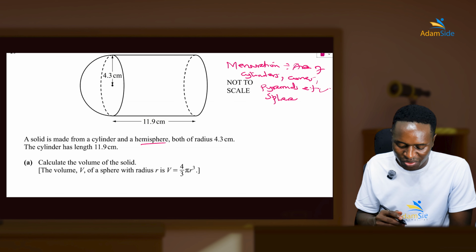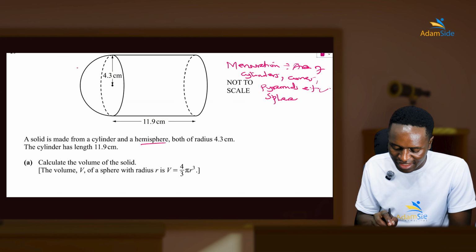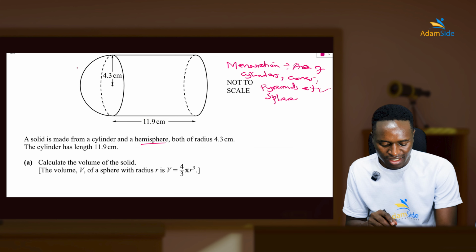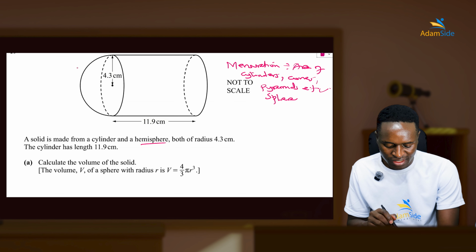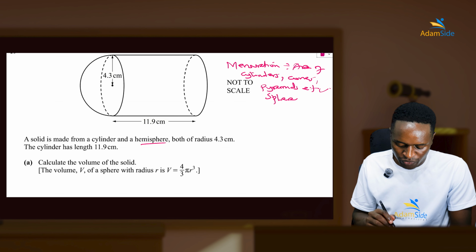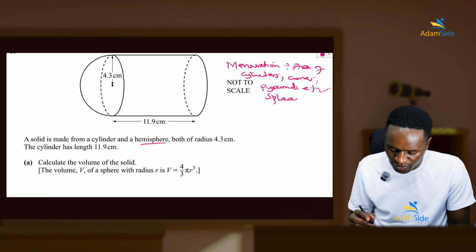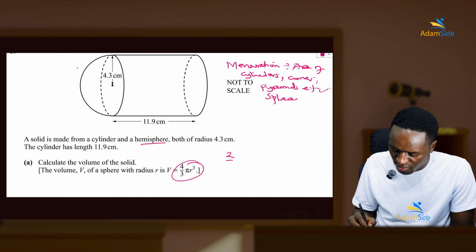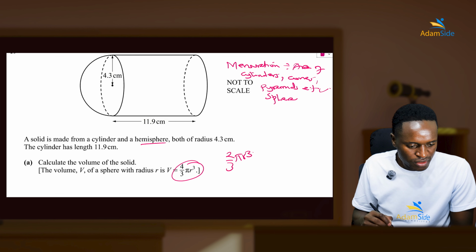There's nothing much new. A solid is made from a cylinder and a hemisphere, both of radius 4.3 centimeters. The cylinder has length 11.9. Calculate the volume of the solid. It's easy. Find the volume of each individual part. What's the volume of a hemisphere? The volume of a hemisphere will be 2 over 3 pi r cubed.